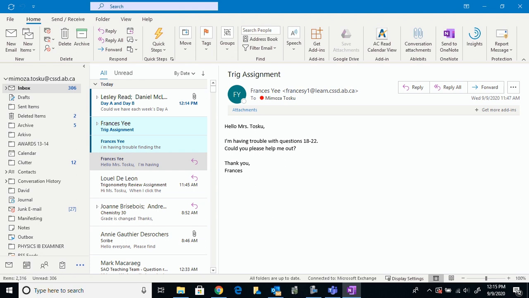And from here, using your calculator, you will find that the horizontal component is 15 times cosine 27, and it will be 13.4 kilometers, and since it is going west, it is negative 13.4.